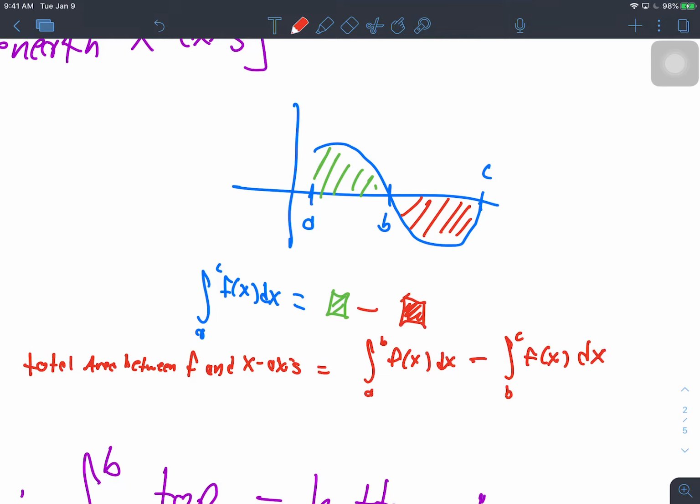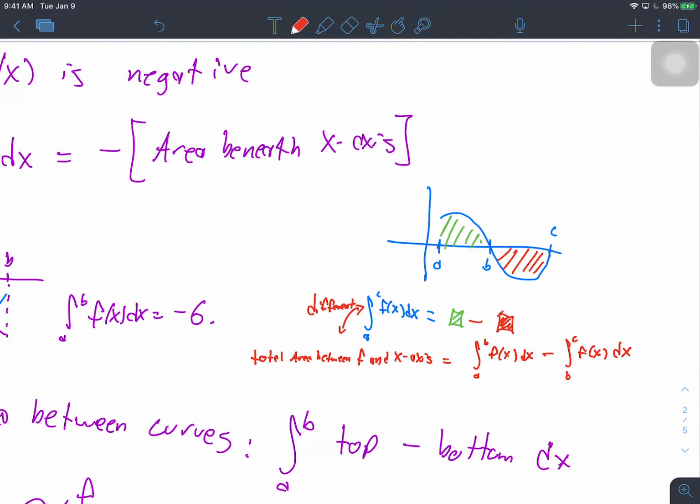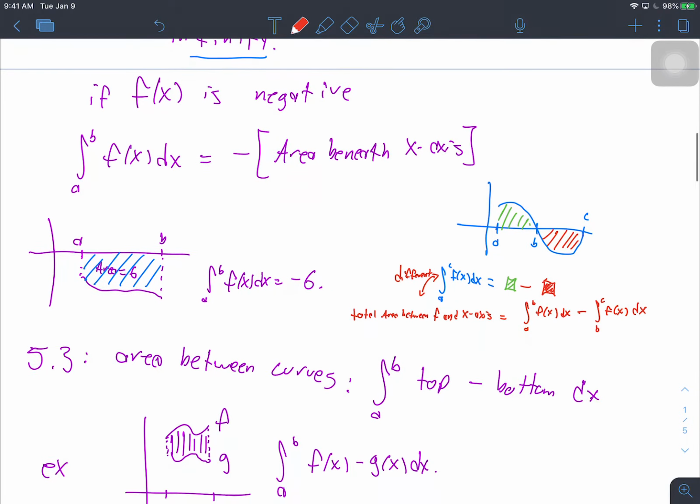The reason I'm subtracting here is because I want to actually add these two areas, not subtract. So I want to point out that these two things are different. The integral from a to c of f of x dx does not mean the same thing as the total area between f and the x-axis. So that's one thing there.